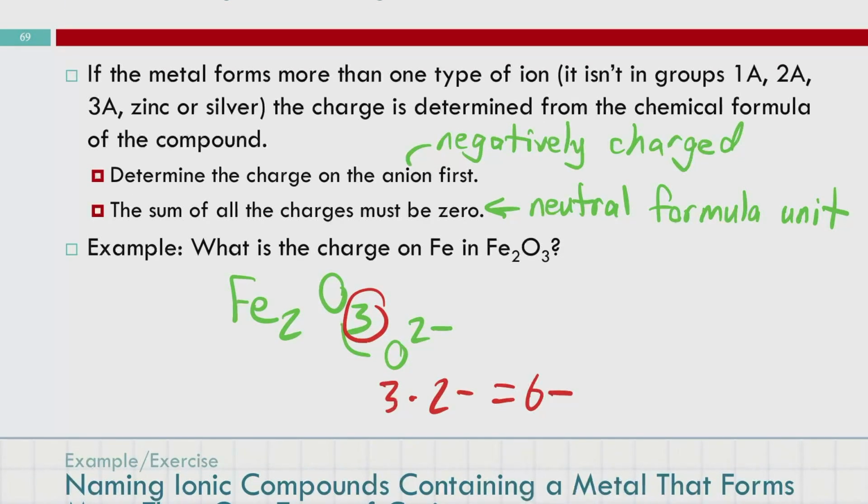This whole thing, this whole formula unit, has to be neutral. And so both of our ions together have to have a 6 negative charge, or a 6 positive charge, sorry. So we have a 6 positive to balance the 6 negative charge from oxygen.